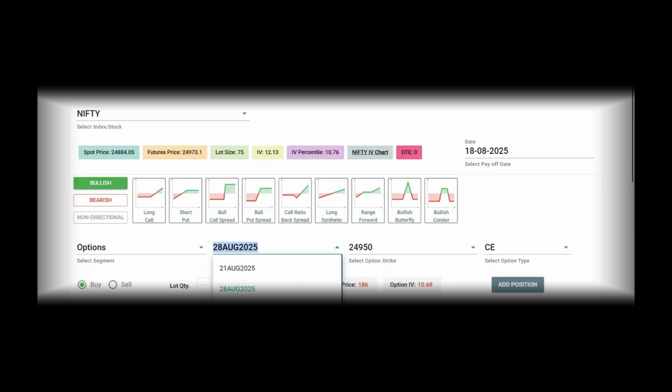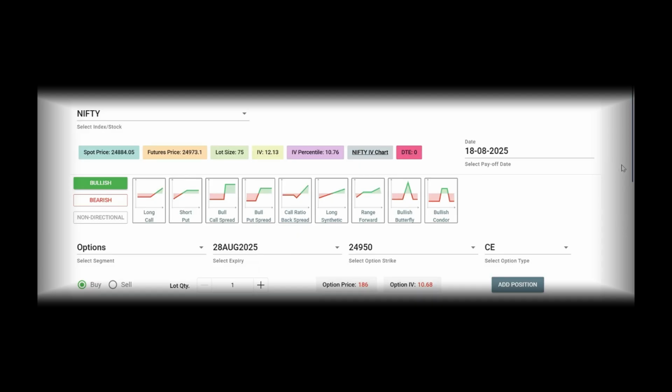And in the event there is a holiday, then it would be the earlier possible working day. Okay, lot size is 75. But again, our agenda over here is to just understand how a put option or call option would look in the event we are selling and in the event we are buying.